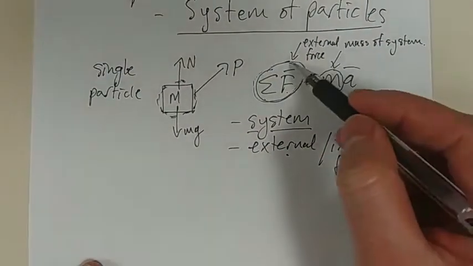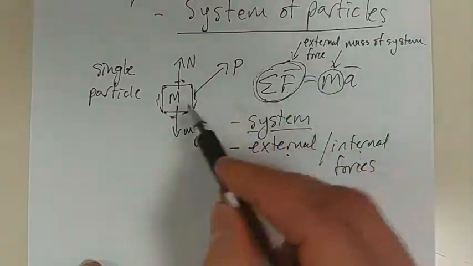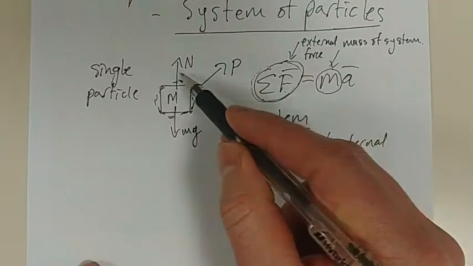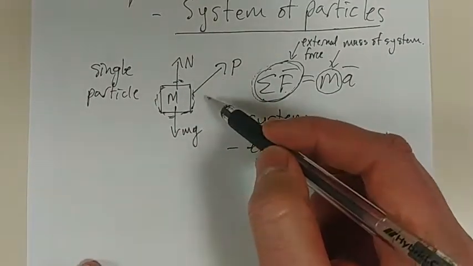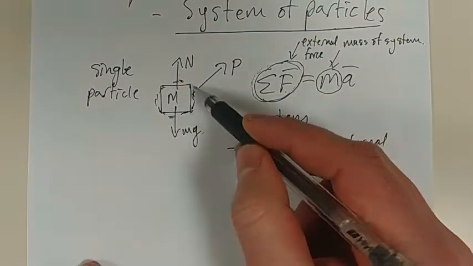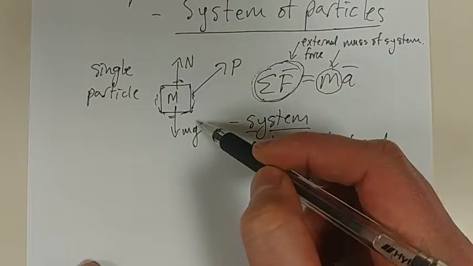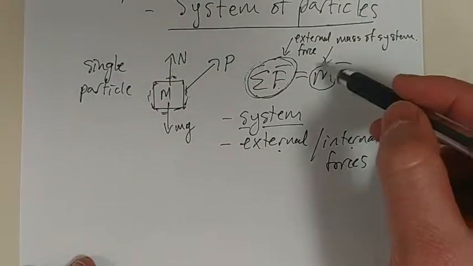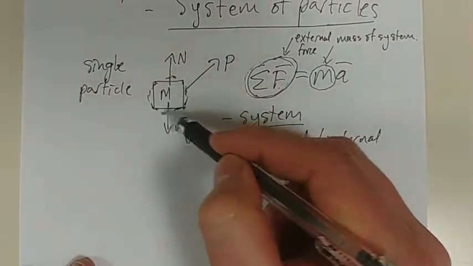Okay, so for this system, the external forces would be these forces that are acting externally, right, on the system. Okay, but I'll go into more detail. And then the mass is the mass of the system.